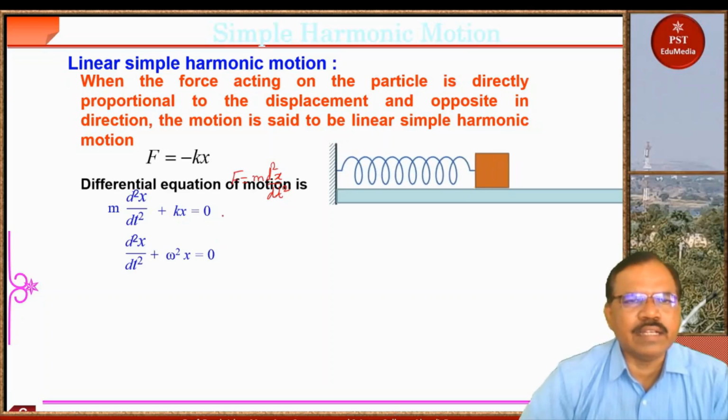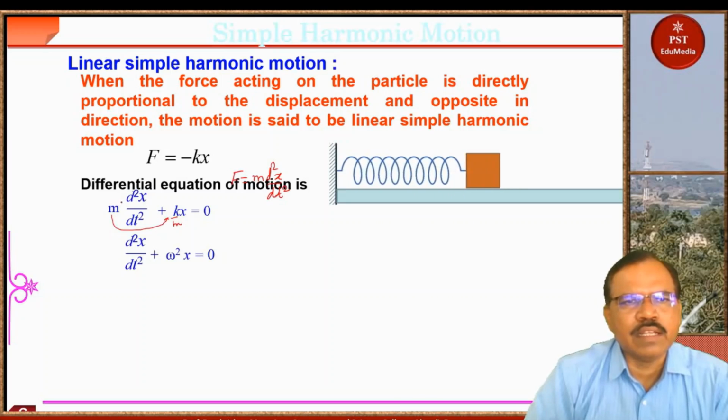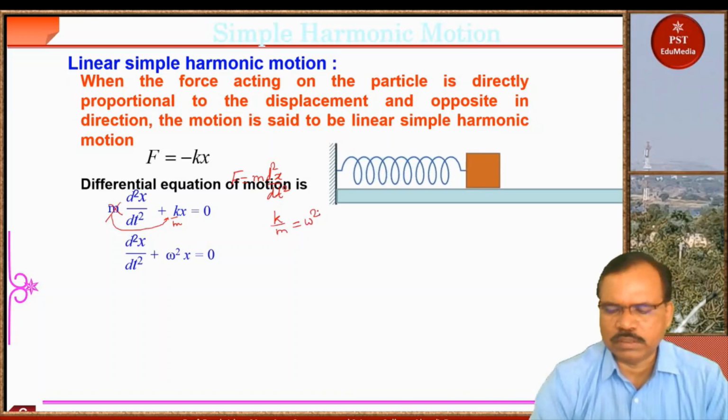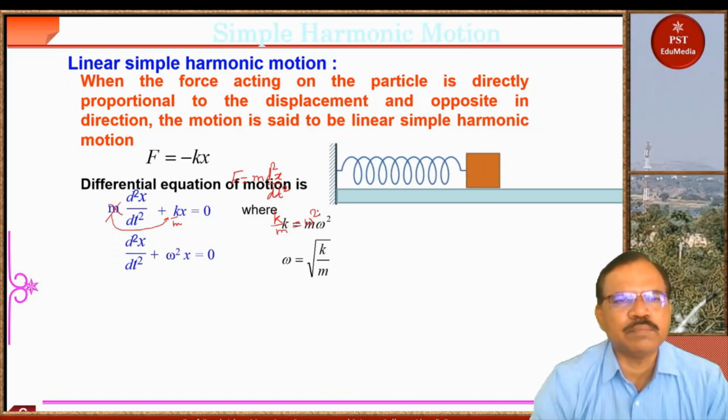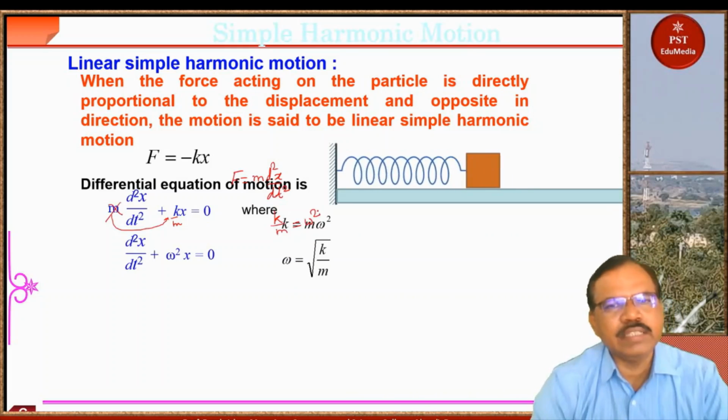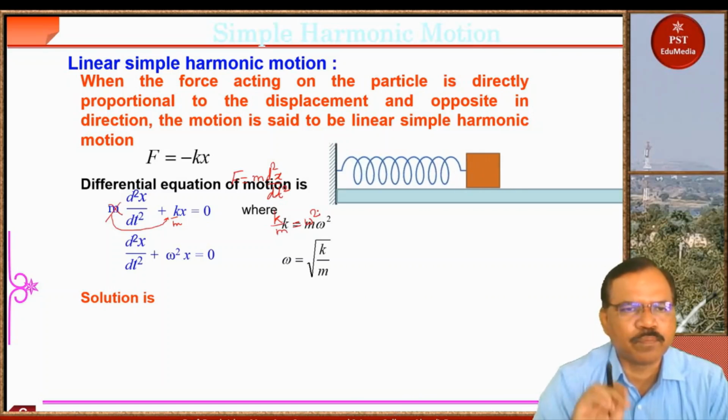Then we can write d2x by dt square plus omega square x is equal to 0, dividing throughout by m. This k by m is written as omega square, which is constant. k is called the spring constant. So k is equal to m omega square, and omega is equal to under root k by m.